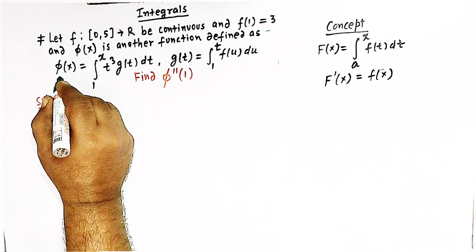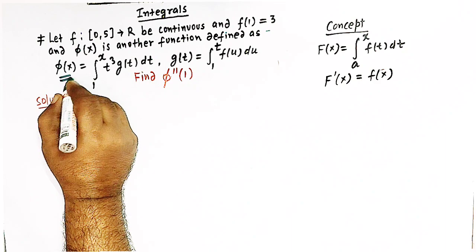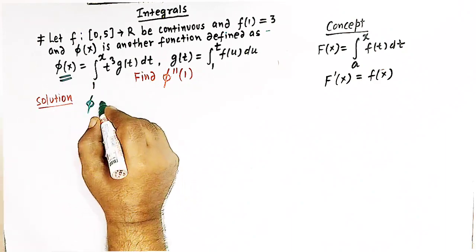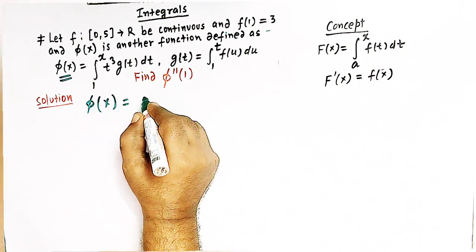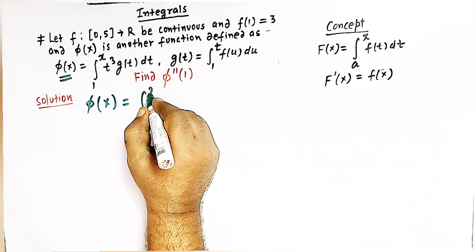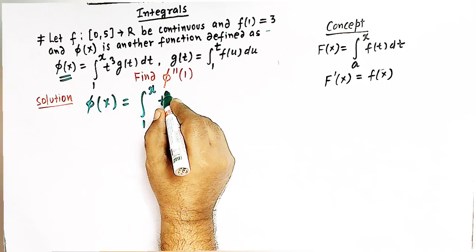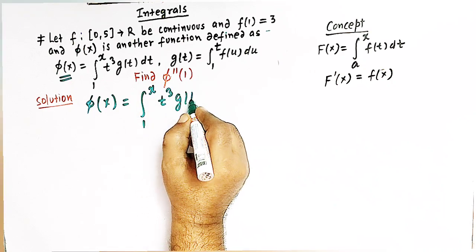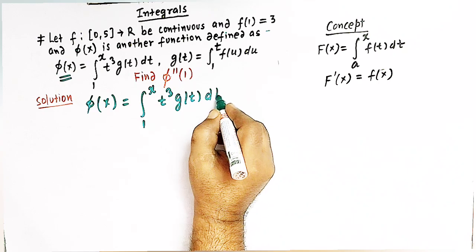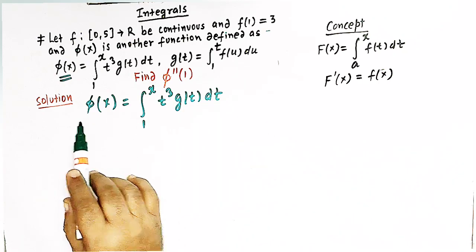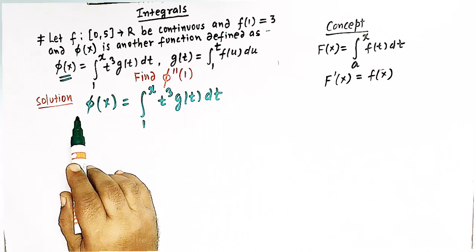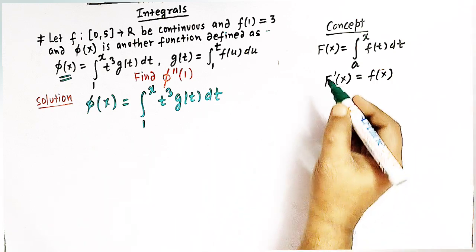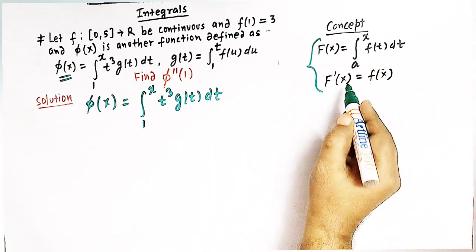So now let us start with this function phi of x. We are given phi of x is equal to integral 1 to x, and here we have t cube g of t dt, right?